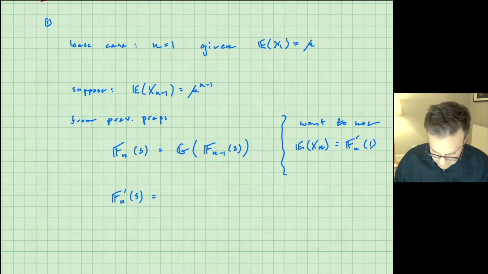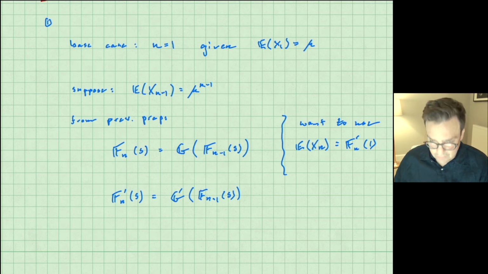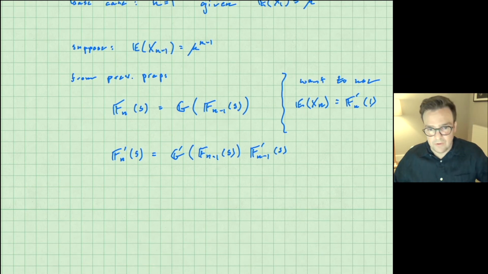And so we get g prime, and then put in its argument, and then multiply by the derivative of the inside. And so that's f prime n minus 1 of s, right?